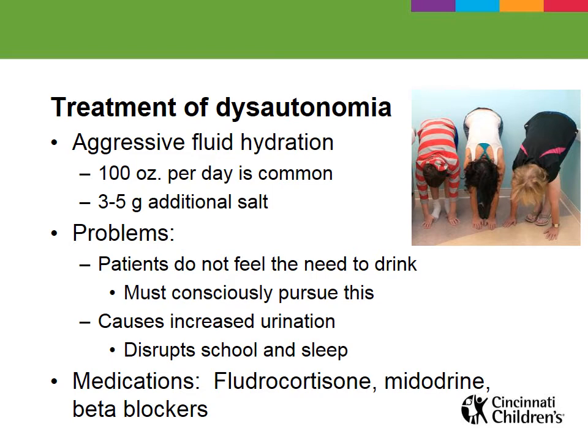Treatment of autonomic dysfunction in the past has typically relied on hydration, additional salt, and medications. The fluid target for patients with hypermobile EDS is about 50% more than is typically recommended. 64 ounces of fluid per day is what is recommended for most adults. Our patients need more, about 100 ounces.